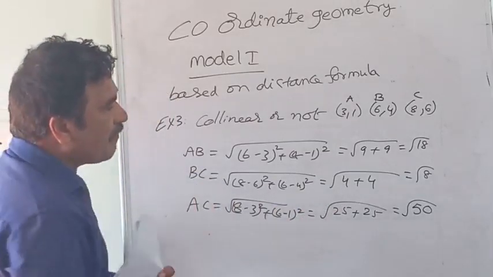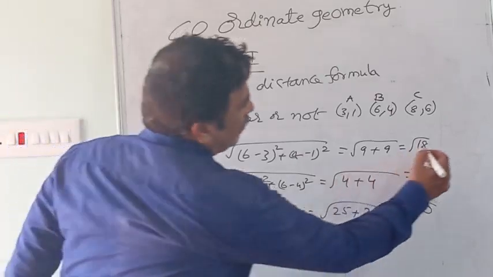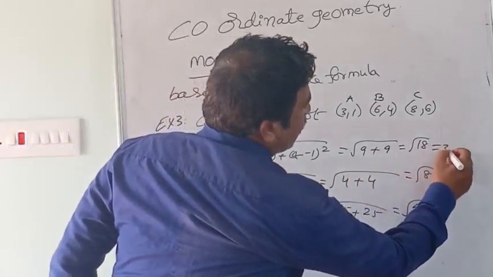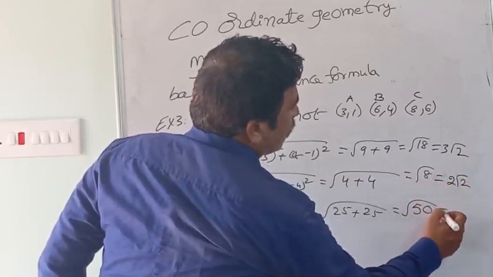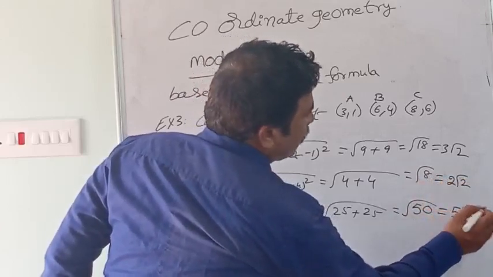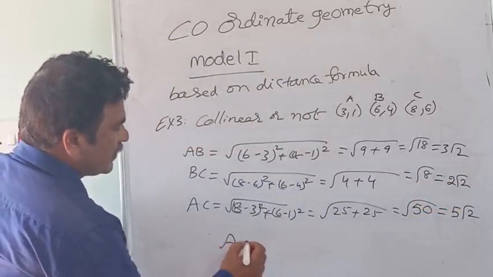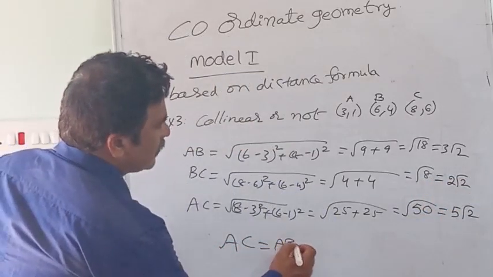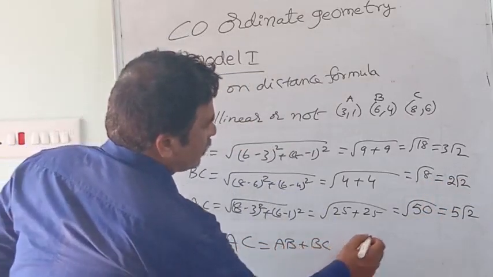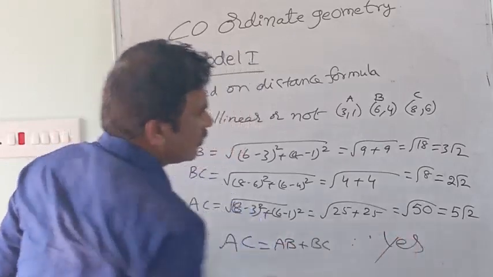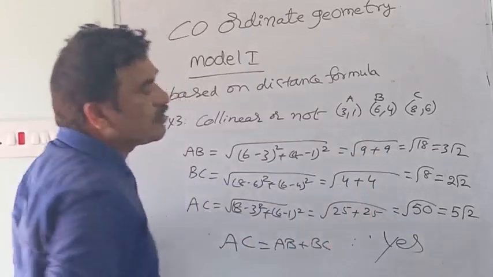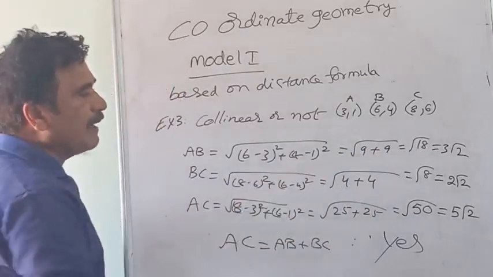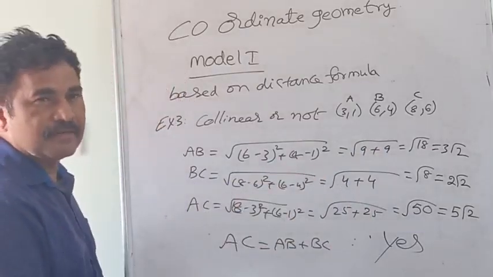Now simplify more, then only you can observe. Root 18 is 3 root 2, root 8 is 2 root 2, root 50 is 5 root 2. Therefore, AC is equal to AB plus BC. Yes, it is true, it is collinear. Better to simplify completely, then only you can observe.